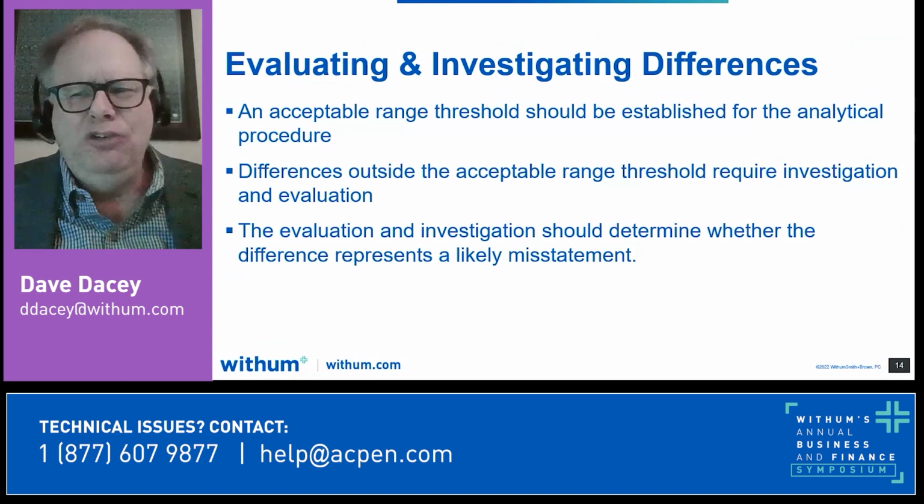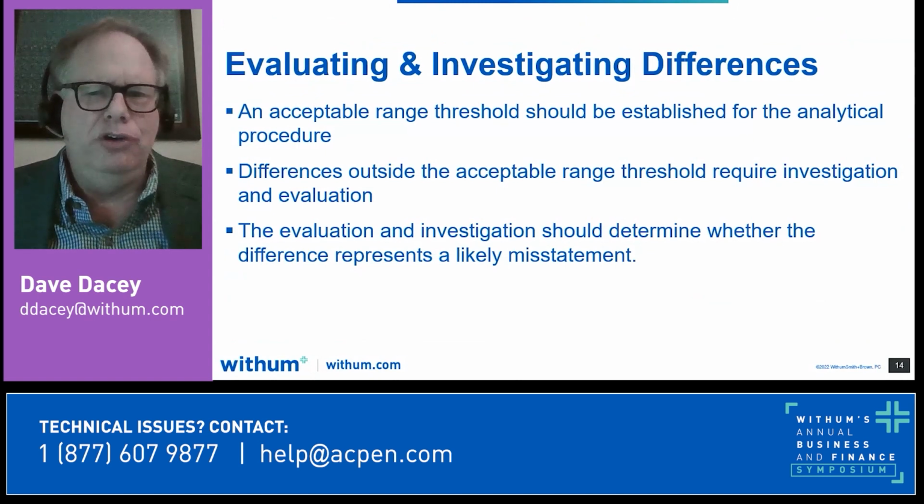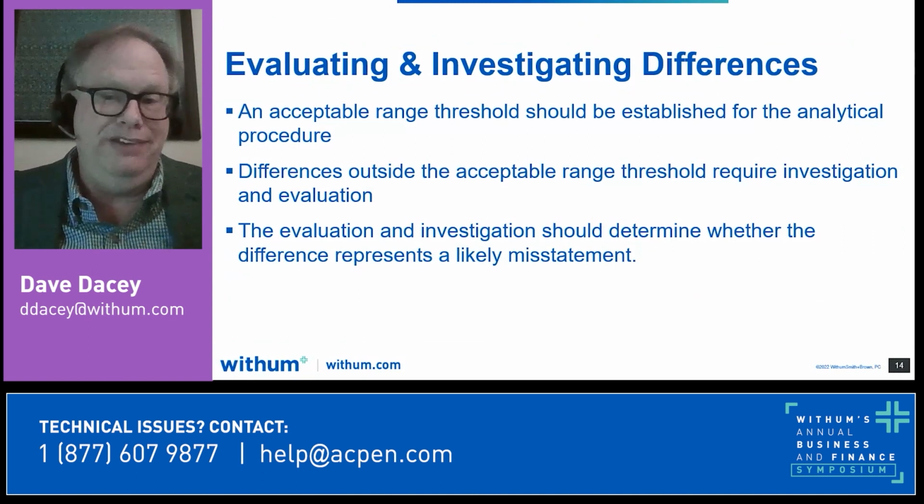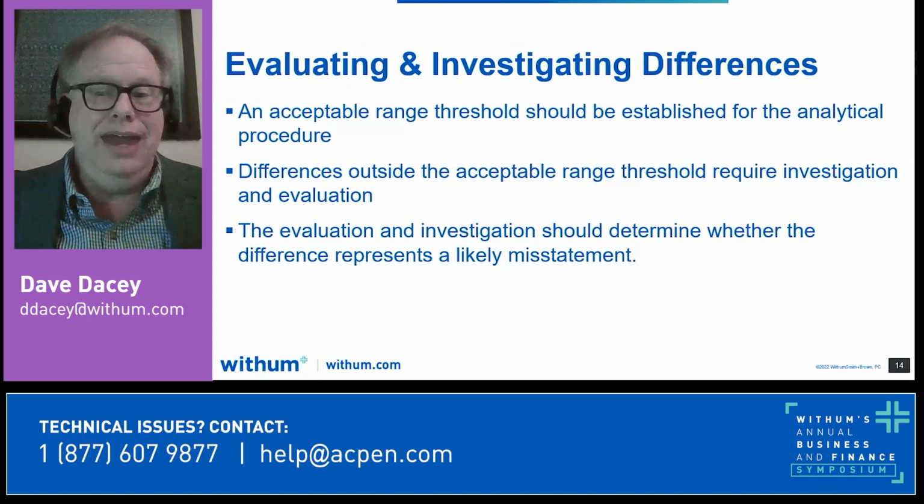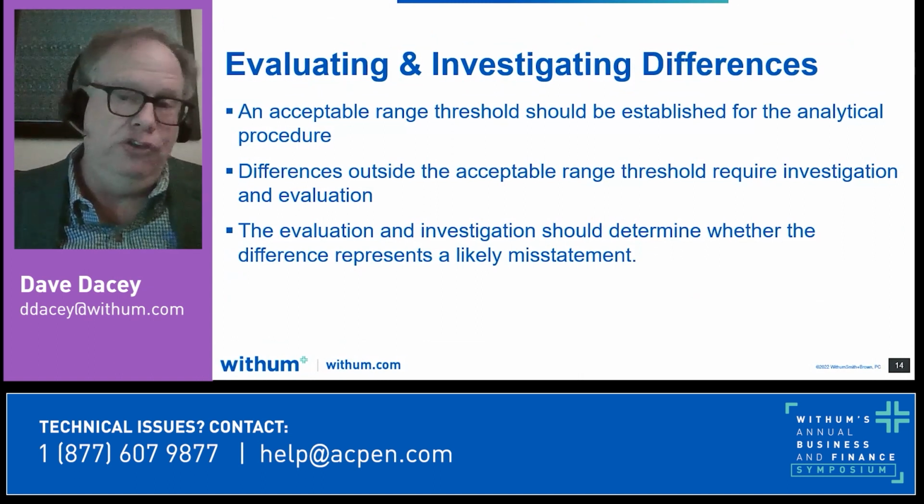So now, if we go back to our three-step process that we talked about early on in this presentation, process number one was develop what we believe to be a reasonably precise expectation. Once we've done that, we compare that expectation to actual results, and then that brings us to step three, evaluating and investigating differences.